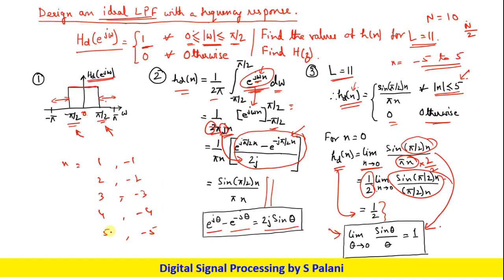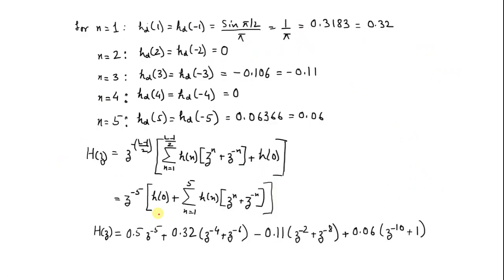So you calculate only the values for 1, 2, 3, 4, 5, and you will get the same values for h of minus 1, minus 2, minus 3, minus 4, and minus 5. So if you look over here, n equals to 1, if you put it, it would give us the result for HD1, HD minus 1. You put the values, you get the results.